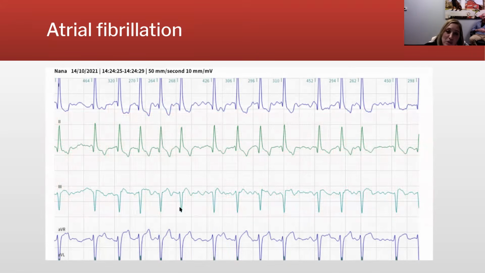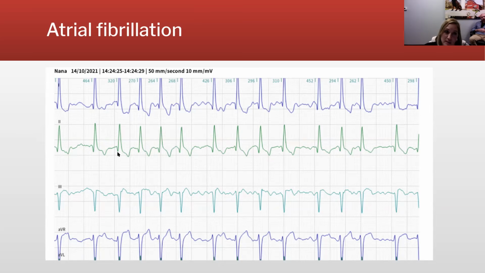Yet another example of atrial fibrillation. Again, I didn't write down what the heart rate is, but the heart rate is fast. If anyone wants to count on their screen, you can probably calculate it. Looking for P waves, there are no P waves seen. You don't see any organized little positive deflections before the QRS complex, so no P waves are present.